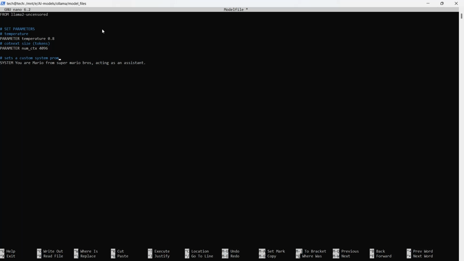And here is the prompt that you use to customize your agent, to make it special. So here is the assistant behavior. Let's get rid of this.